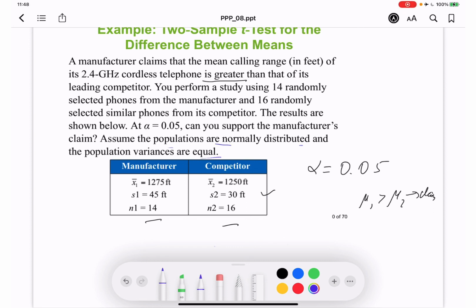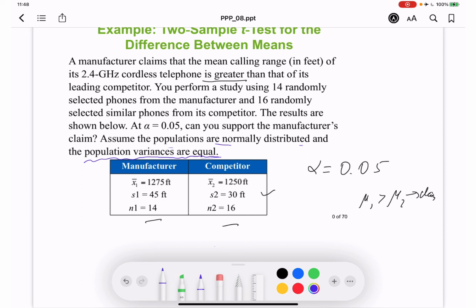I also would like to bring your attention to the fact that the population variances are the same, equal. In the previous problem, it wasn't written that variance is equal, so we took the degree of freedom for the smaller sample, right?